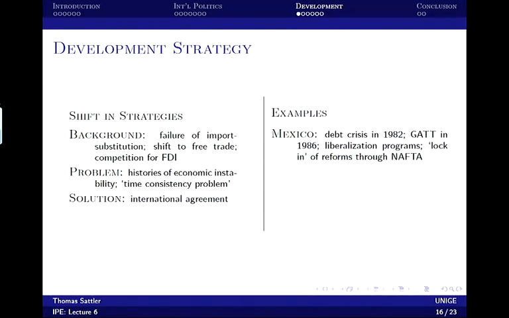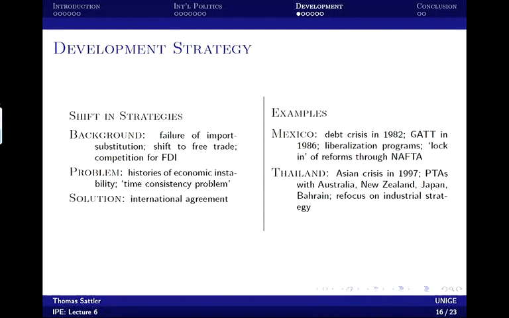This was in August 1982, when the Mexican finance minister said, we're not going to repay our debt. Then they changed their development strategy, entered the GATT in 1986, and one reason why Mexico joined NAFTA was to lock in the market-oriented reforms that came with the new development strategy.